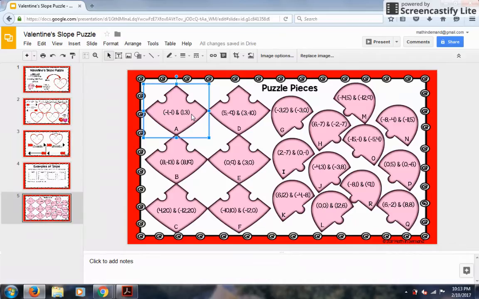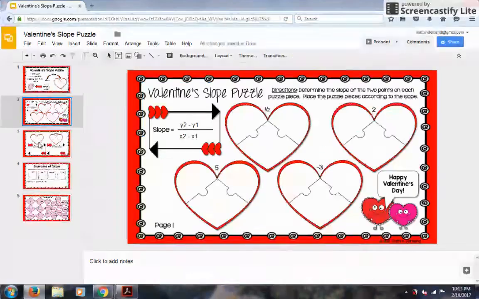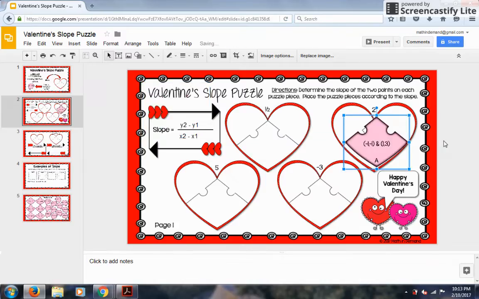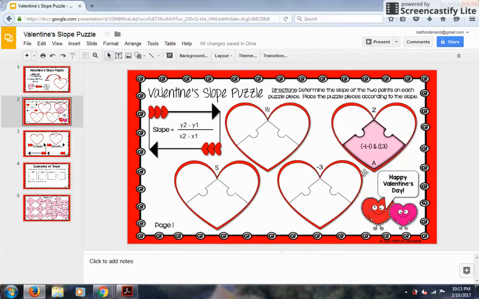So I'm going to Control C, or those that have iPad, they have to hold down and copy it. And I'm going to go to the heart that has 2 as a slope. I'm going to put Control V, and it's going to paste it. And I am going to move it over right into the spot that it goes to.